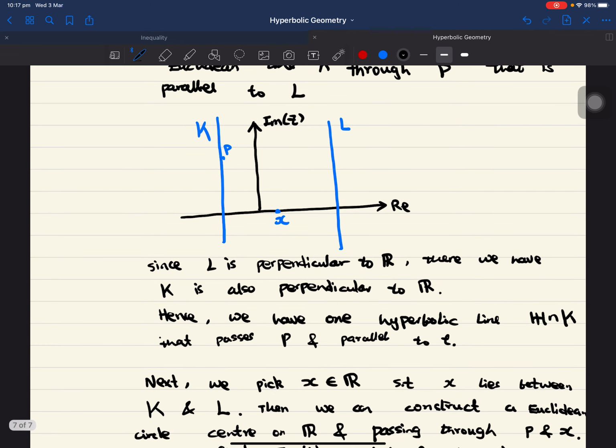The construction is as we showed in the last video. Recall that we draw a line segment PX and its perpendicular bisector K. When K intersects the real line, we call that point Y, and then we can construct the Euclidean circle with that radius.